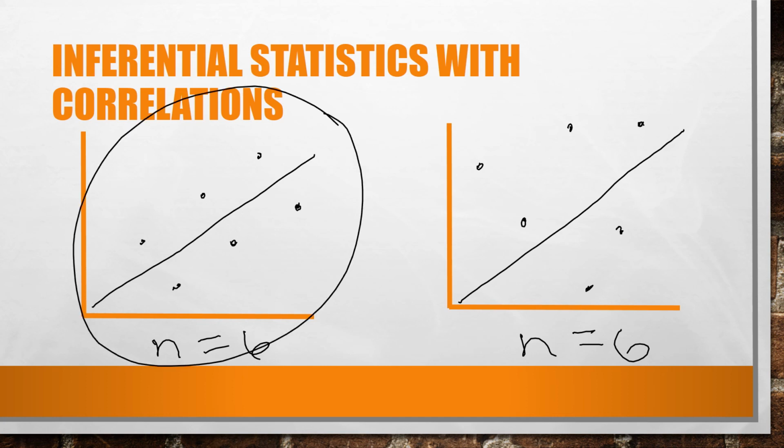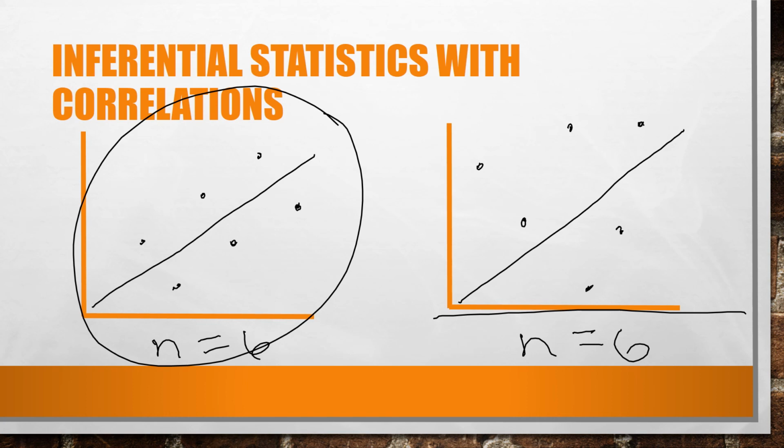The correlation would be stronger than this one over here that's more spread out. So I would say the one that I circled is probably going to be more likely to be significant than the one with a weaker correlation. So the same things you want to consider with correlations and inferential statistics. It's just a little bit different.